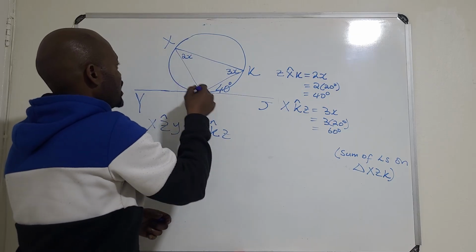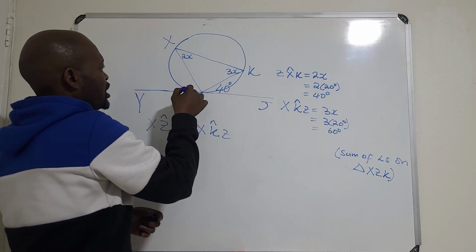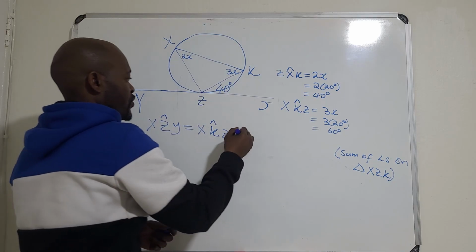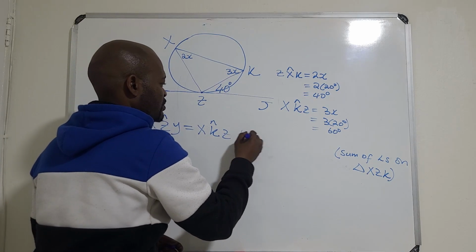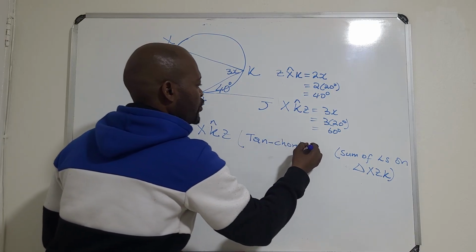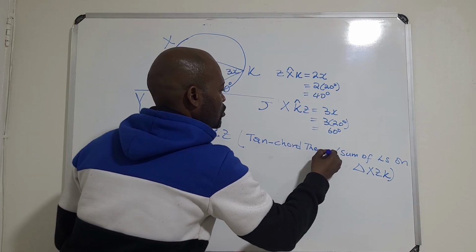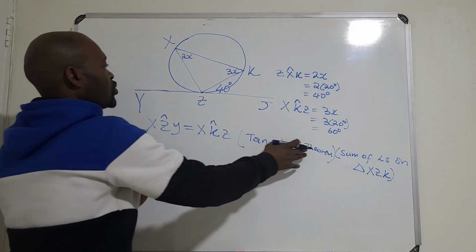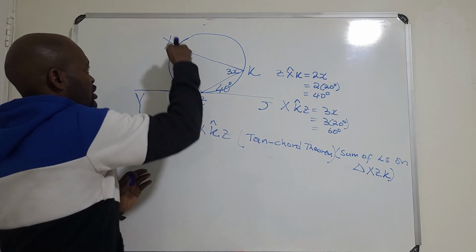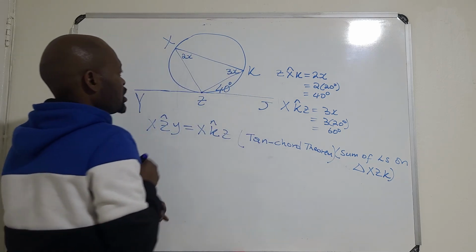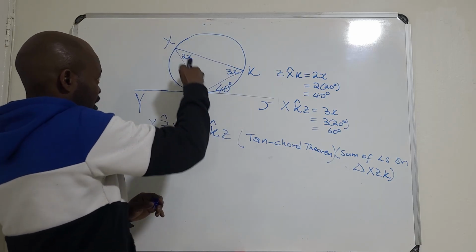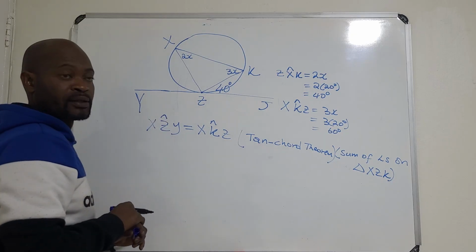This chord makes an angle with the tangent. Therefore, this angle is equal to that angle there. Reason: tan-chord theorem. This angle is equal to that angle because this chord makes an angle with the tangent. Therefore, this angle is equal to this angle, which is subtended by the very same chord.